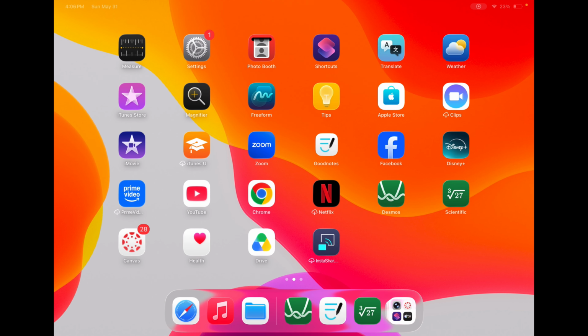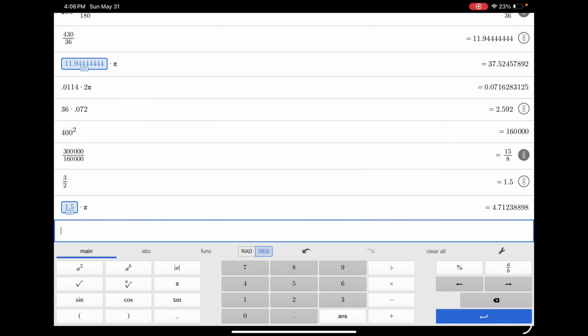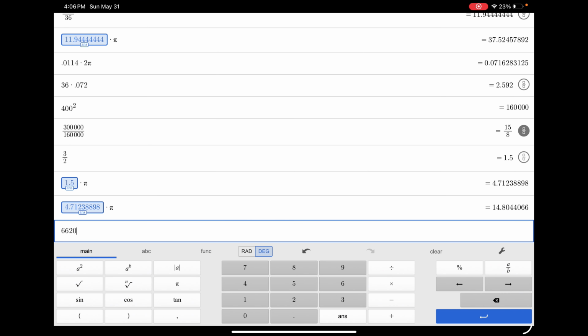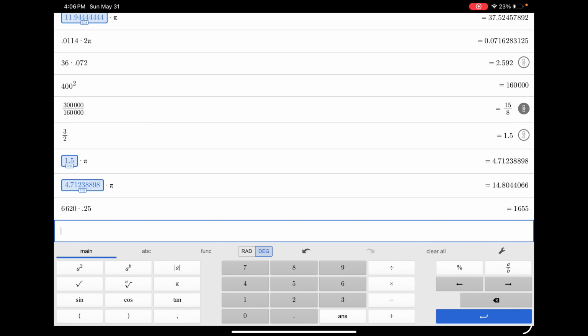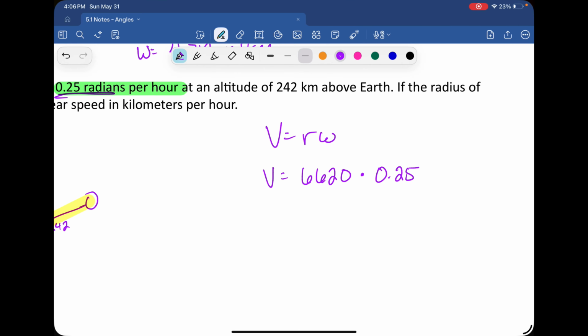So we're going to do 6,620 times 0.25, which is 1,655. And that is in kilometers per hour.